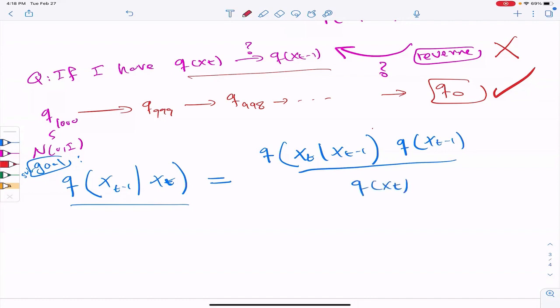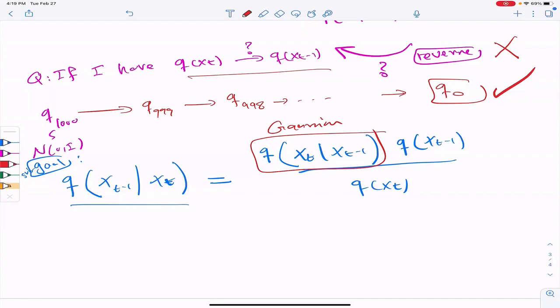I have this term. This is just a Gaussian with a mean of square root of 1 minus beta times x_{t-1} and a variance of beta times identity.